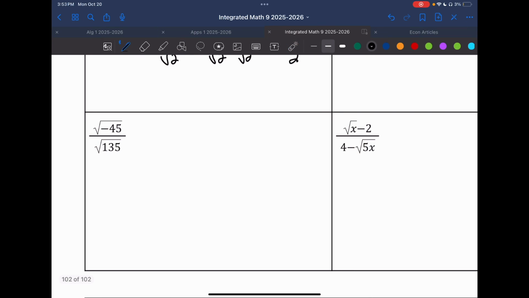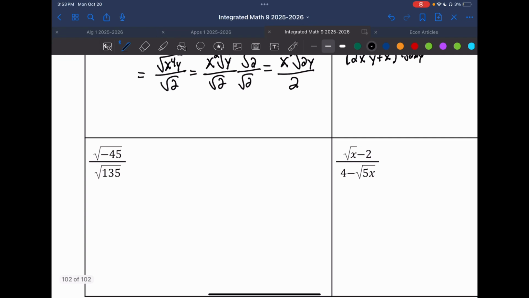Right, and then when we look over here, so once again, we can simplify this to be negative 45 over 135. And actually, I'm going to go even further. I'm going to say that's the square root of negative 1 times the square root of 45 over 135, which is the same as saying i times the square root of 1 over 3.